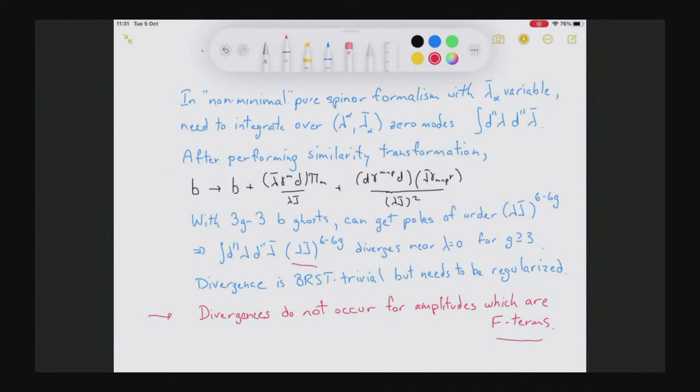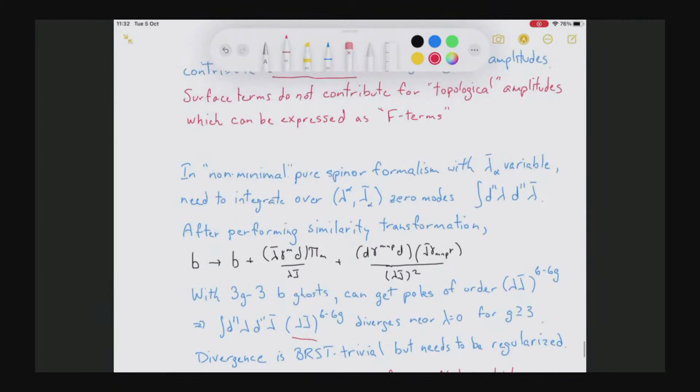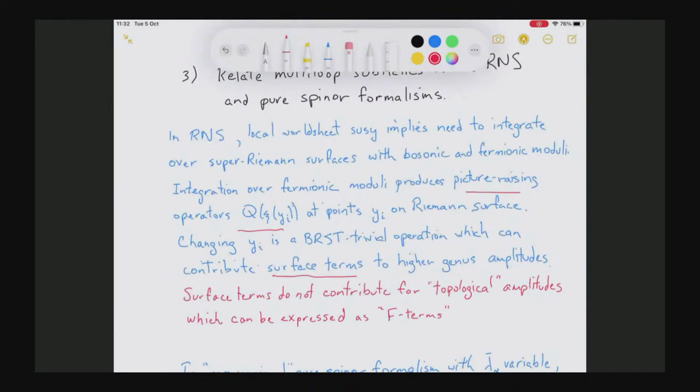Thank you very much. Yeah, there were some papers. Another way to try to answer your question, which I think has not been studied very much, is why in the RNS formalism these subtleties do not appear when the amplitudes preserve a subset of the spacetime supersymmetry.